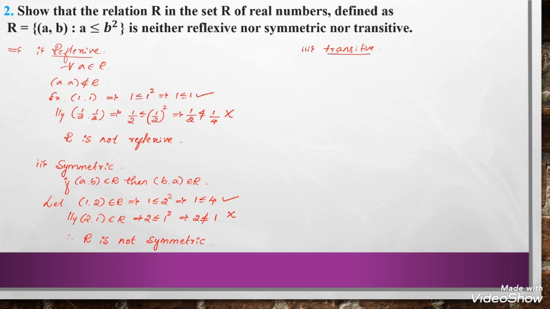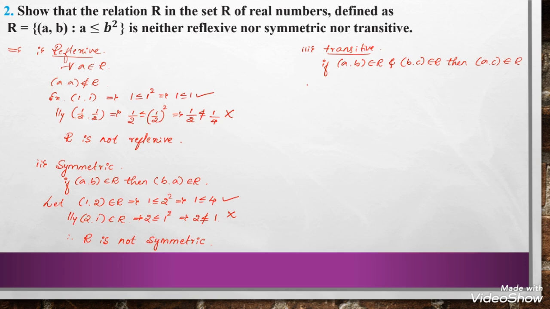According to the definition of transitive, if (a, b) belongs to R and (b, c) belongs to R, then the first element is related to the third element, that is (a, c) also belongs to R. This is the definition of transitivity. Now I will check the condition by taking an example, since the question says show that.